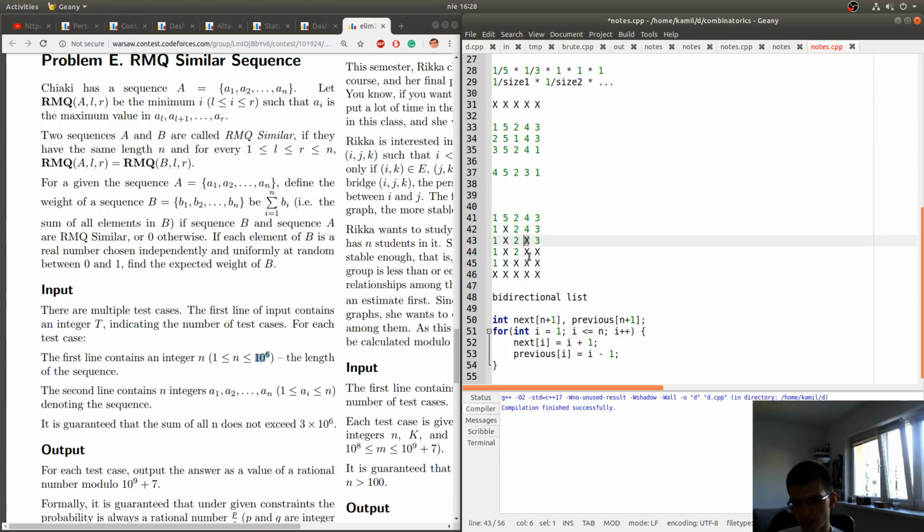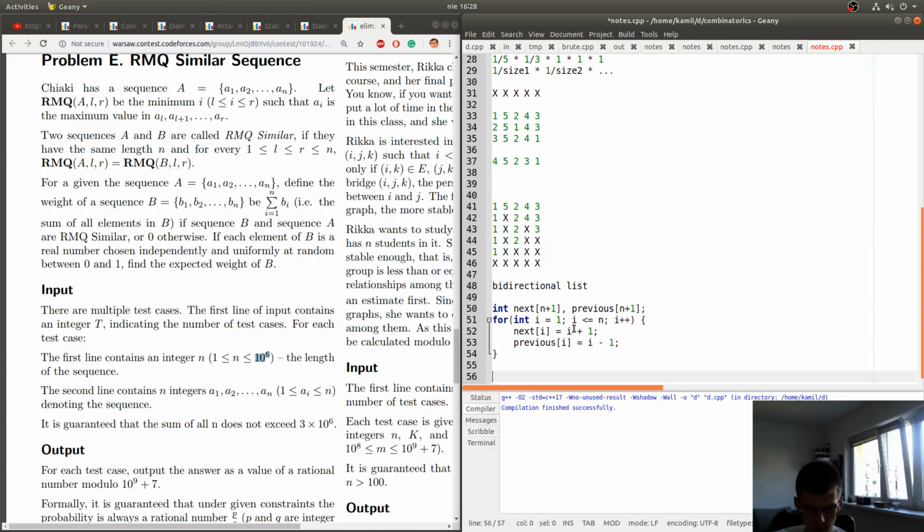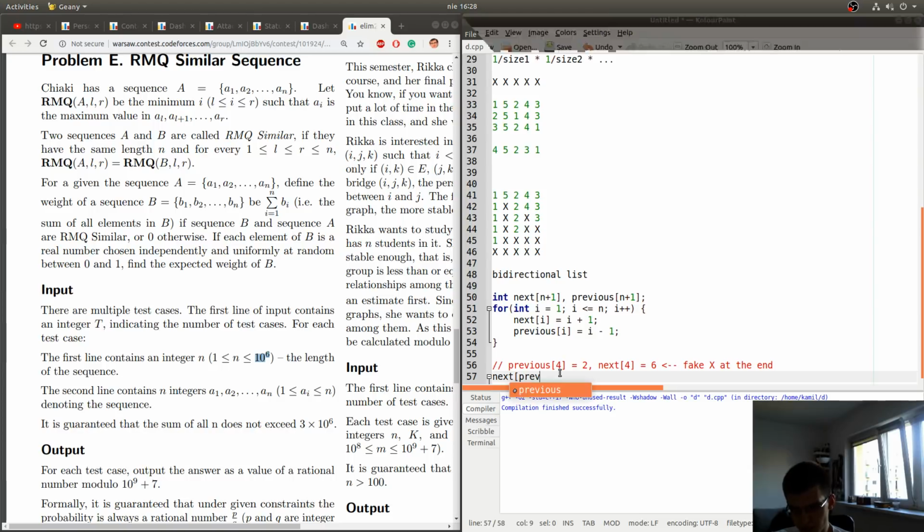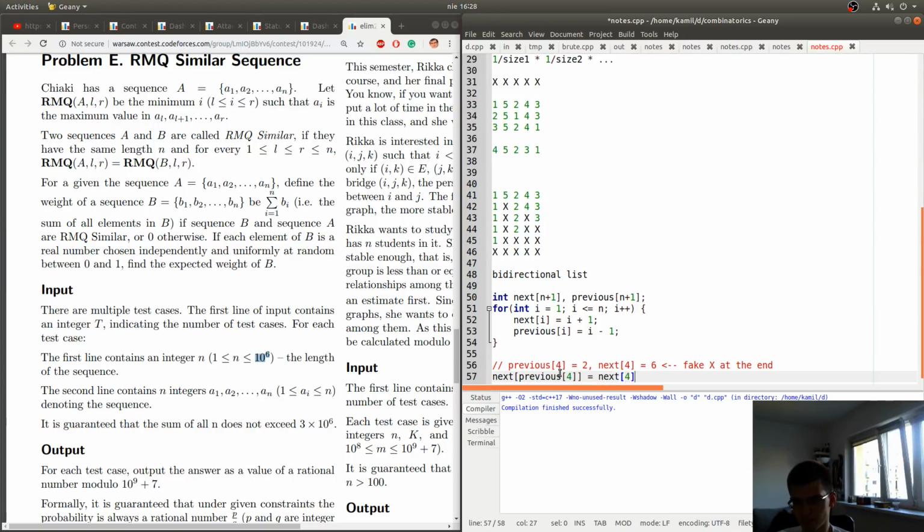For this x, if we know with arrays next and previous where is the previous and the next x, then we know. So here we knew that previous of 4 was 2. Next of 4 was 6. So this is fake x at the end. So this is n plus 1. What we should do to remove this 4 is to do next of previous of 4 is next of 4.